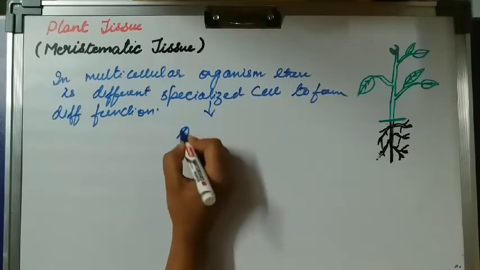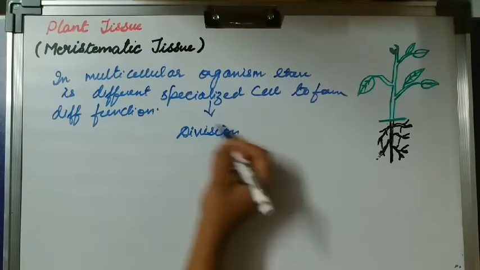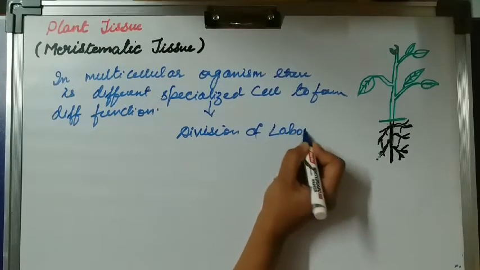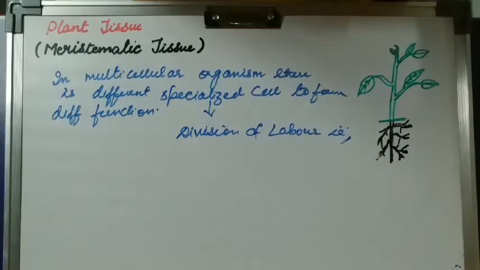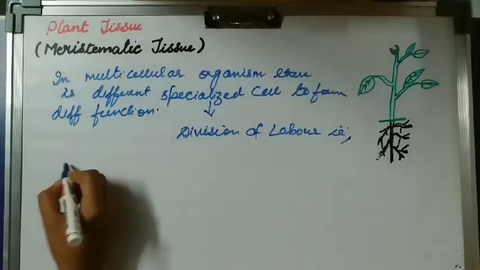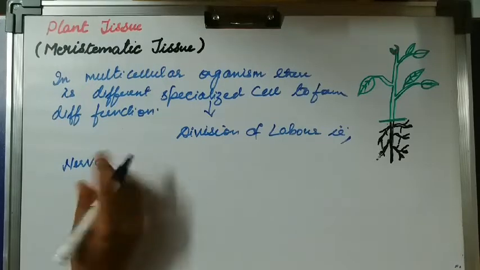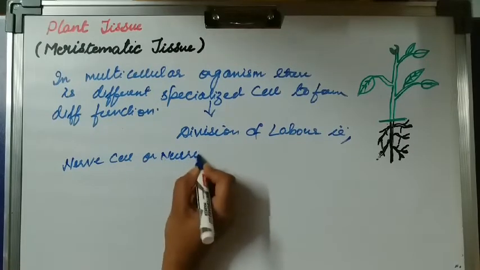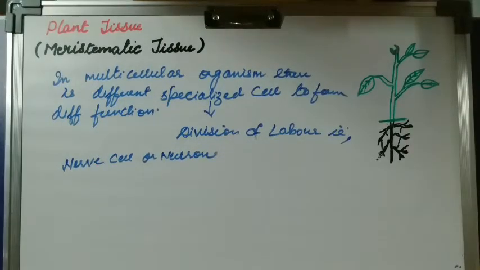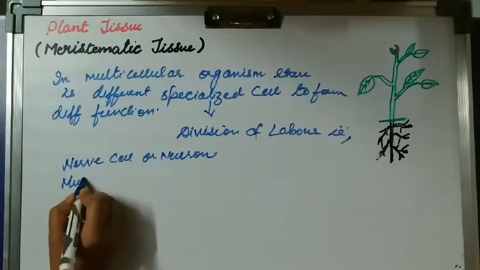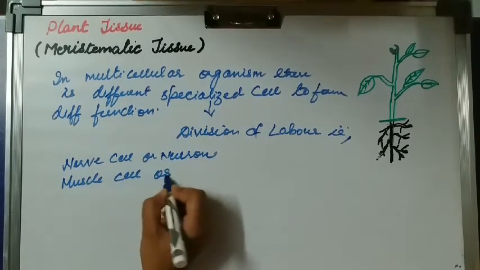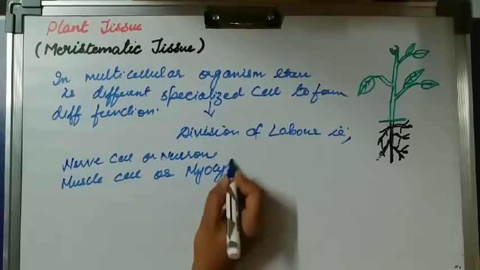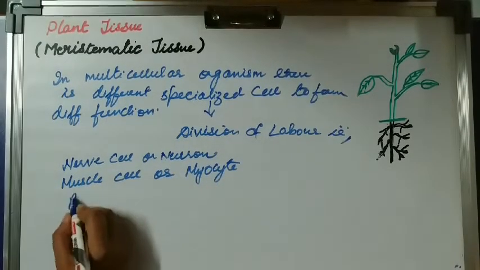And this leads to division of labor. That is, consider our body, we humans have different kinds of cells for different kinds of function. For example, nerve cell or a neuron. Then comes your muscle cells or myocyte. Then comes RBC, red blood cell.